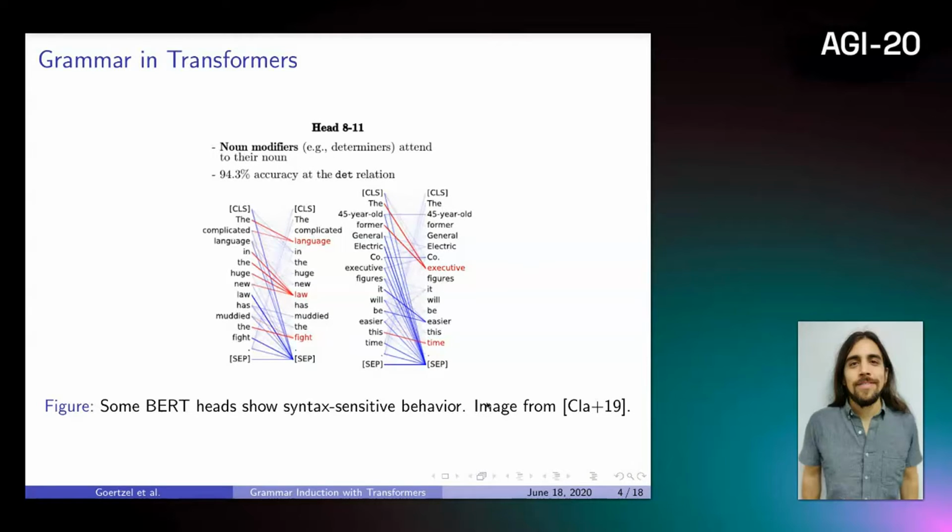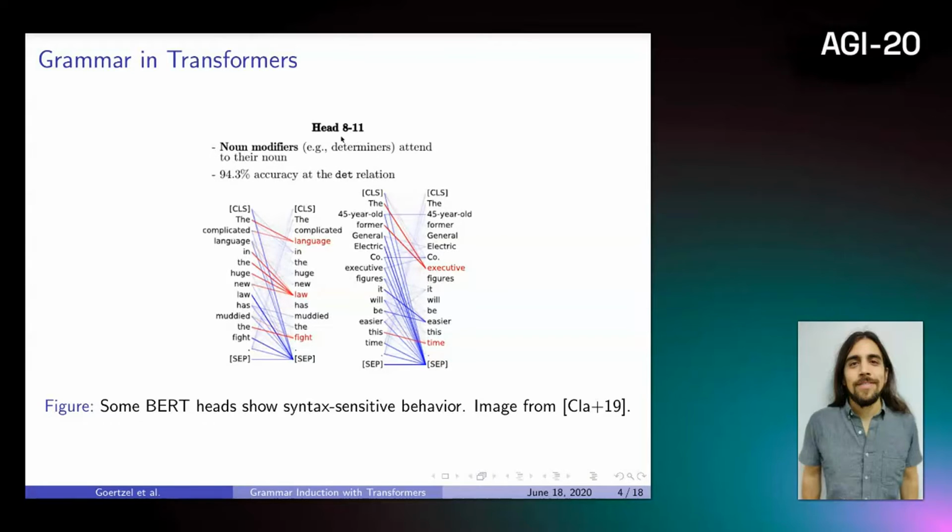This is an example of a paper from last year, where they noticed that by exploring many of the layers in the transformer, they find some heads that do show specific attention to some special components of the sentence.